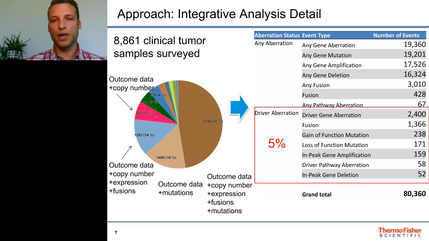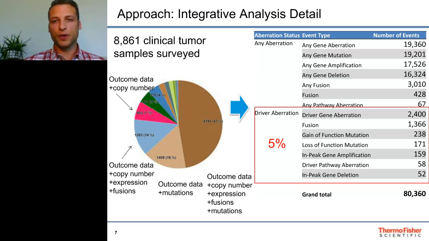So the top line there of any gene aberration just signifies that a gene was aberrant in some way, whether it's a mutation, fusion, or copy number. When you add that up for these 9,000 samples, almost every gene is aberrant.